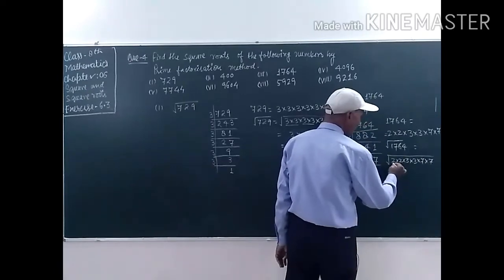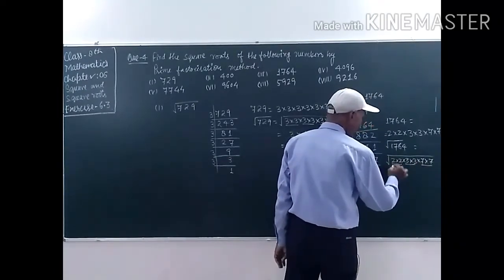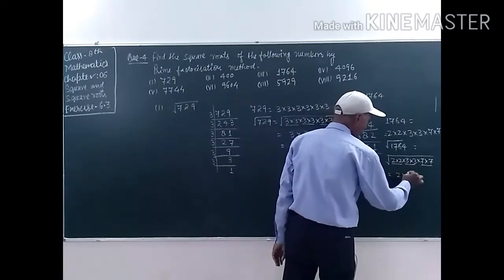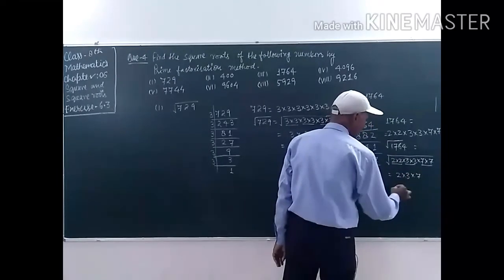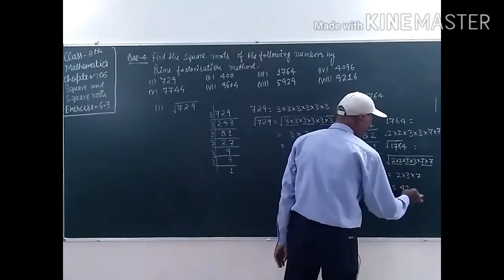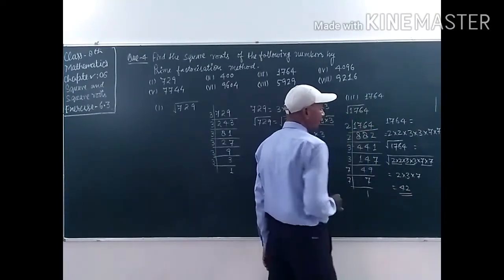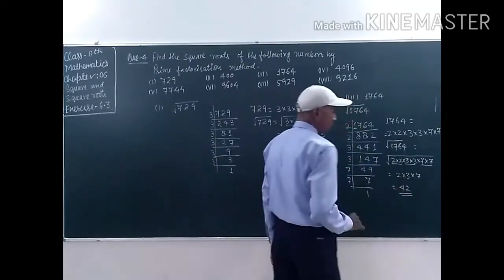Now we make pairs, students, and from each pair we choose one number, that is 2 into 3 into 7. 2 threes are 6, 6 sevens are 42. So the square root of 1764 is 42, students. This is the answer.